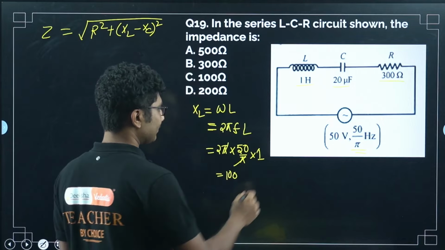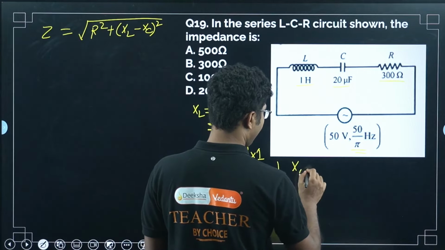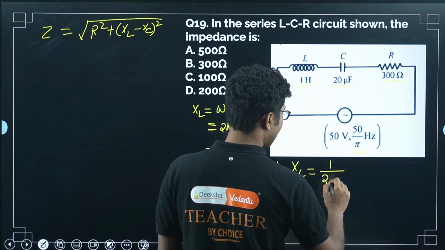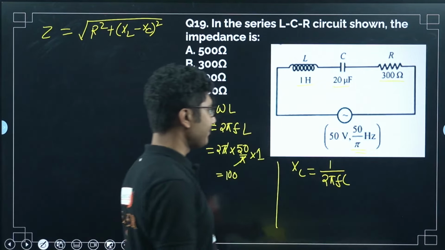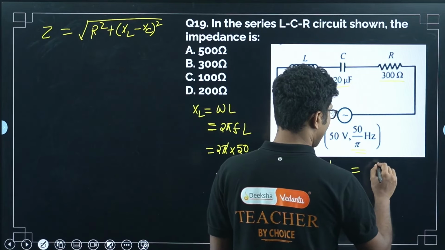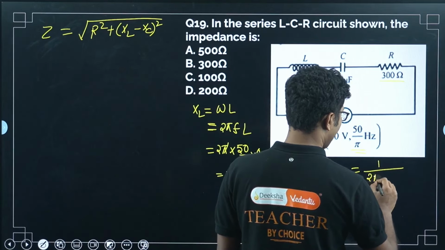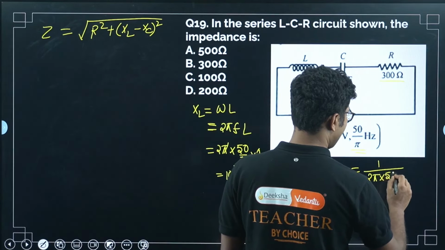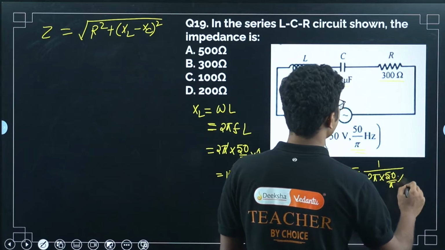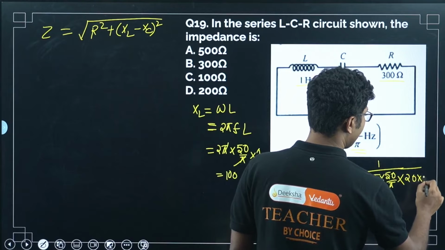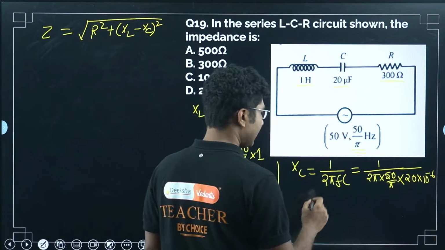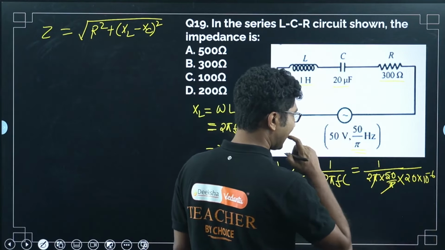Now what is XC? XC is 1 by 2 pi FC, right? So 1 by 2 pi times 50 by pi times 20 microfarad, so 20 times 10 to the power of minus 6. The pi will cancel.